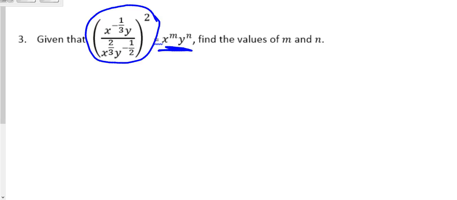The first thing that I notice that I know I need to do is I'm going to need to square everything. That means that every power that is already there will be multiplied by 2.